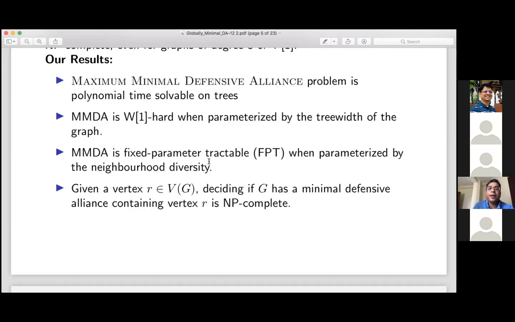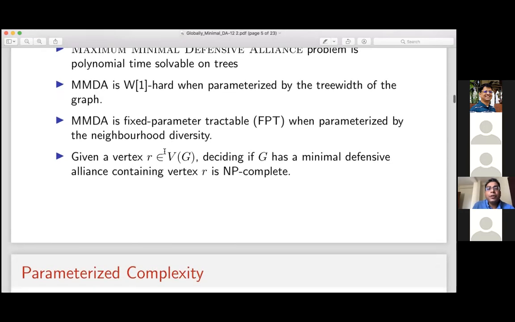For neighborhood diversity, the problem is fixed parameter tractable. And for the tree width, the problem is W1 hard. These are the different classes in the parameterized complexity. And finally we prove that, given a vertex R, deciding if G has a minimal defensive alliance containing this vertex R is NP complete.